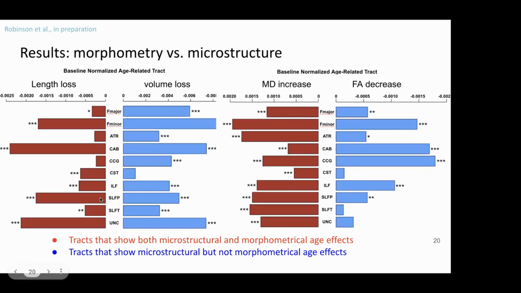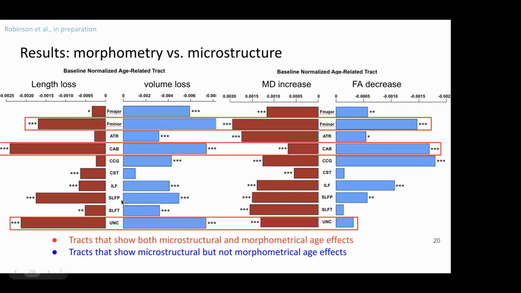But we also see, if we combine these two to directly compare morphometry with microstructure, that the structures that demonstrate the most morphometric loss, as we indicated before, definitely also demonstrate significant microstructural degeneration, as indicated by these DTI parameters, right?